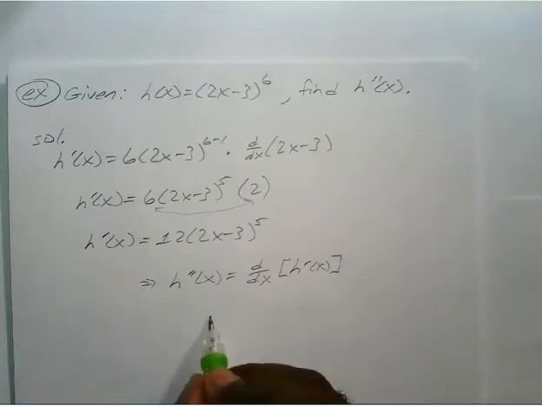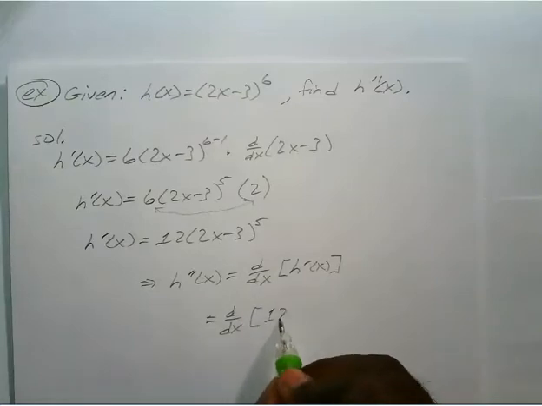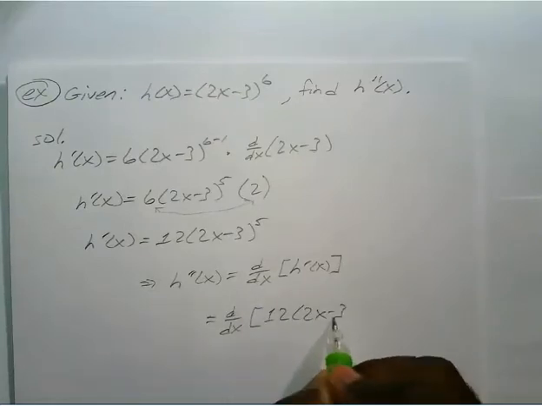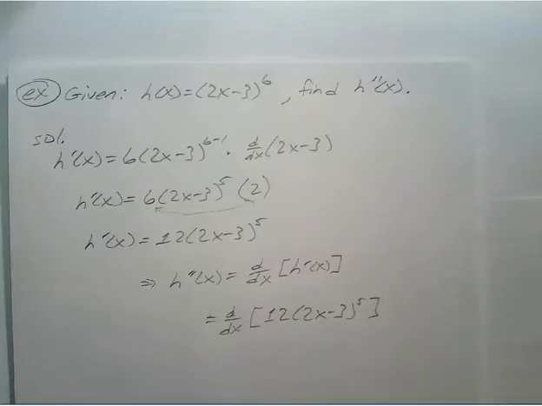Alright, so that means it's our derivative of 12 times (2x minus 3) to the 5th power. Okay, so once again, we move that over a little bit so we have enough room.